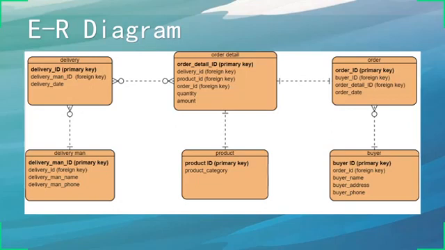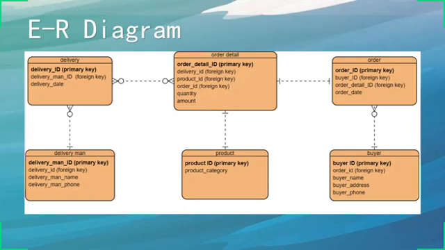The order detail table is the detailed content of the order table, corresponding to the order detail ID in the order table. The order detail table has the amount and the quantity of the order, and is connected with many foreign keys such as delivery ID, product ID, order ID.